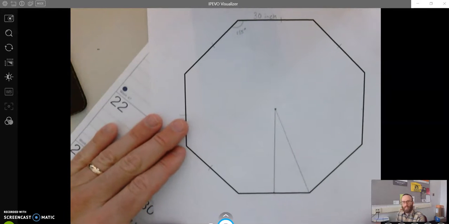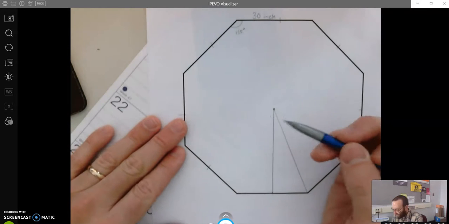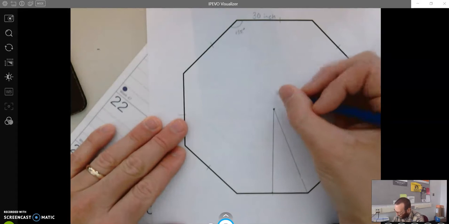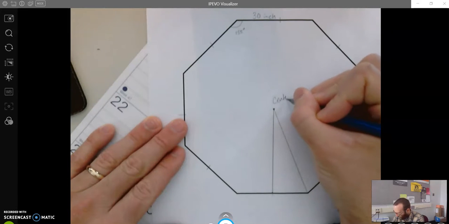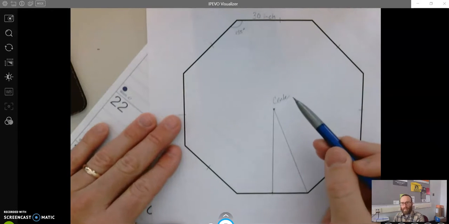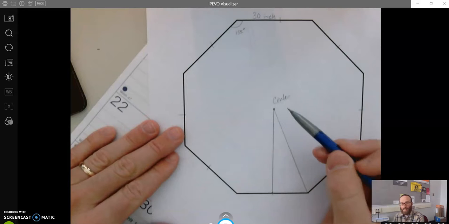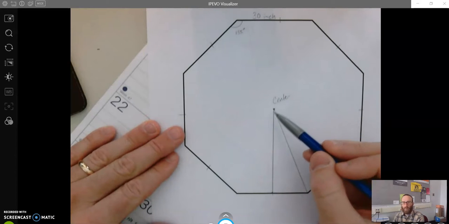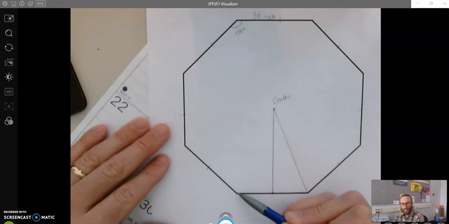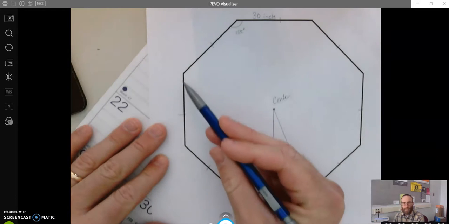So I'm going to center this in my screen a little bit. Now, this point right here is what we call the center of the polygon. And it's going to be similar to the center of a circle, but the center of a polygon is a point that is the same distance from each of the vertices or the corners all the way around.